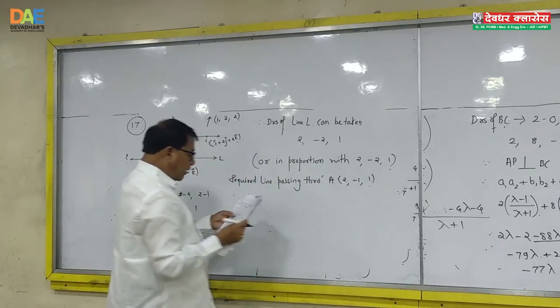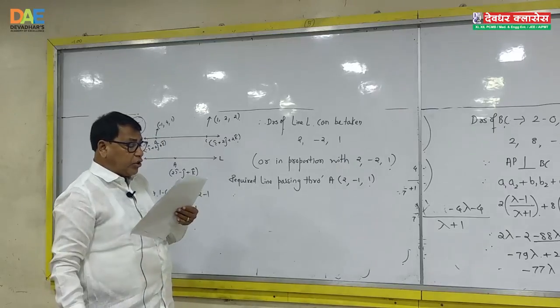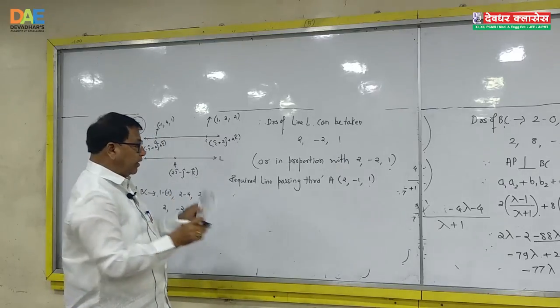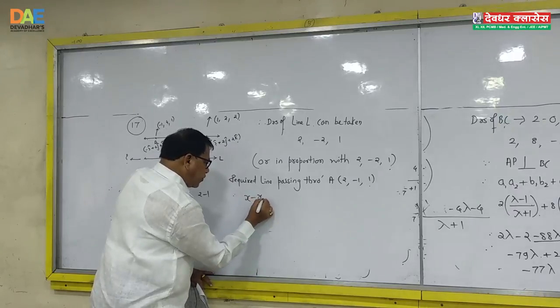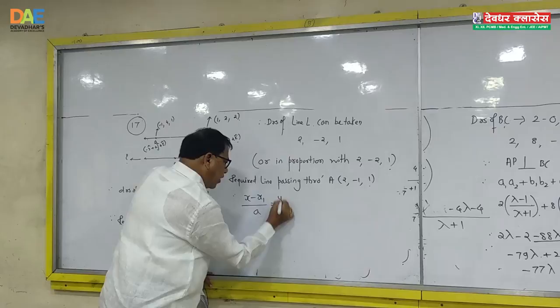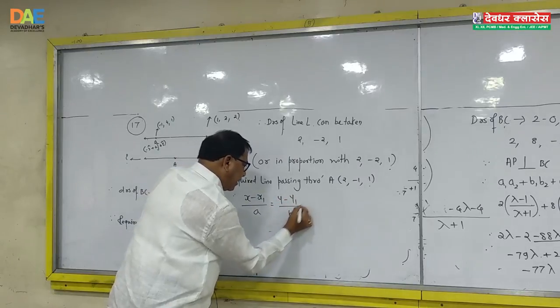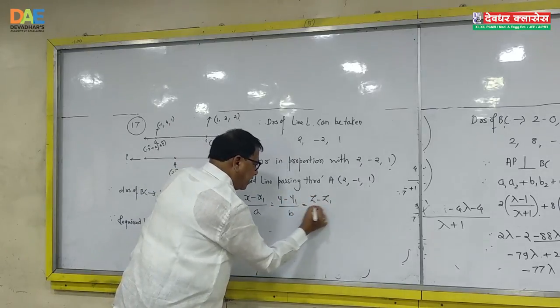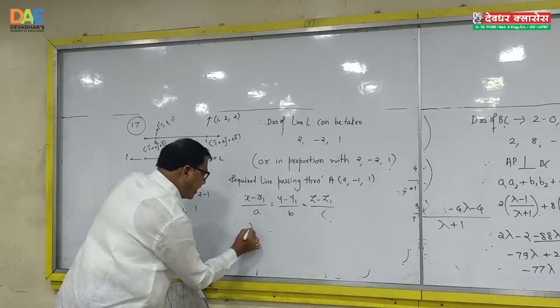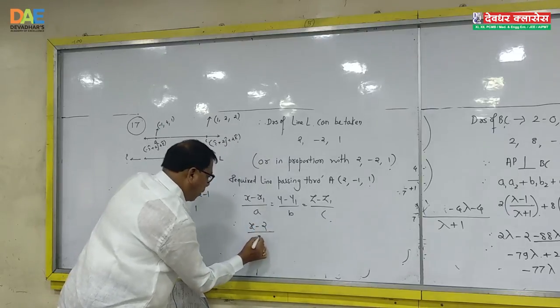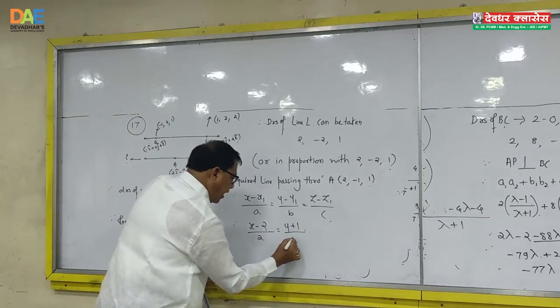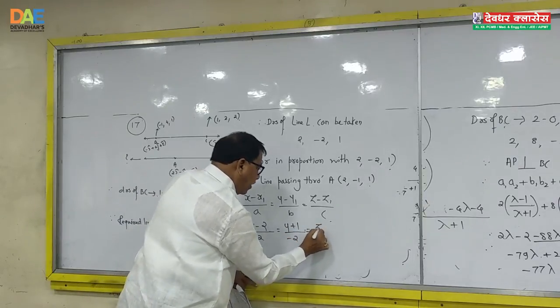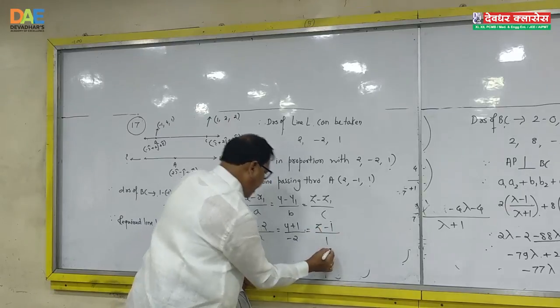Therefore, in which form do you require the equation of this line? Using the symmetric form, that is (x minus x1) upon a equals (y minus y1) upon b equals (z minus z1) upon c. Therefore (x minus 2) upon 2 equals (y plus 1) upon -2 equals (z minus 1) upon 1.